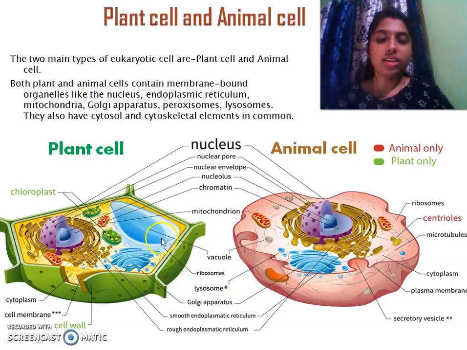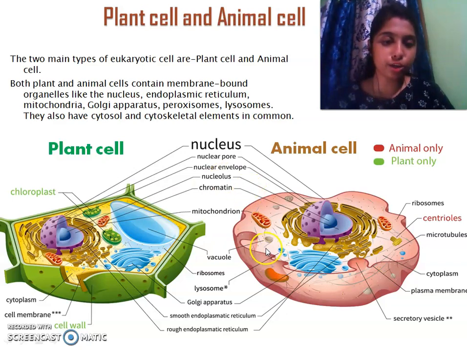This one is the vacuole, a large centrally placed cell organelle present in the plant cell, which contains water along with some salts, sugars, ions, etc., but it is generally absent in animal cells. Even if in some cases it is present, it is very small or inconspicuous. Can you see this one? Very small.